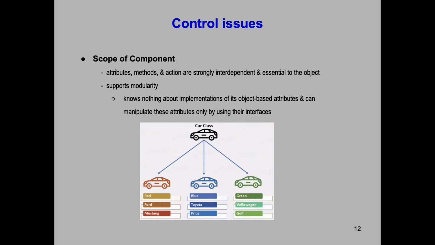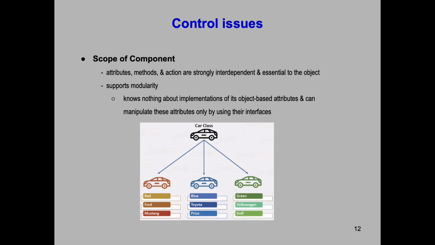Those are red, blue, and green cars. They're Ford, Toyota, Volkswagen, different models of those vehicles. And these objects only work with this class through its interface, so it's structured in a way that doesn't allow these objects to manipulate the data other than what was intended.